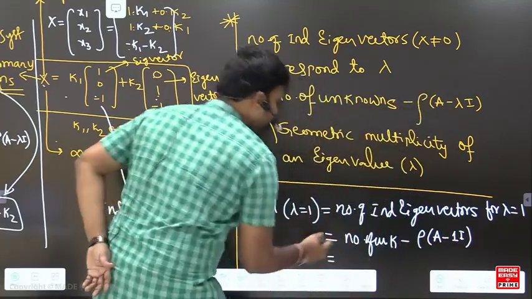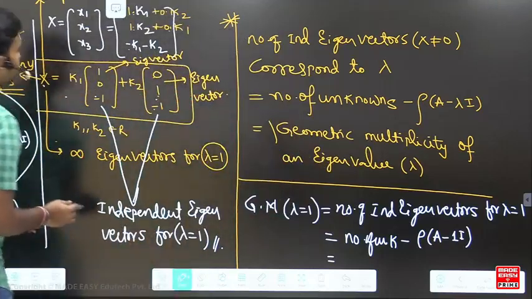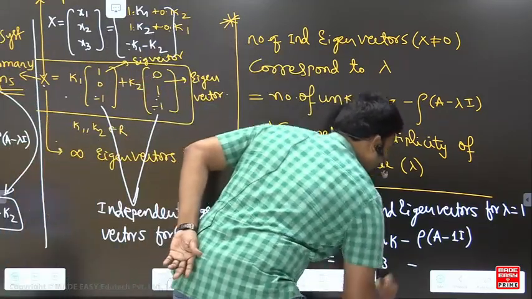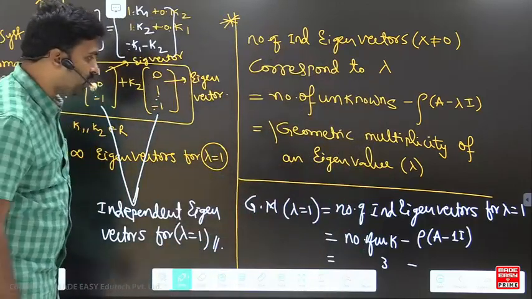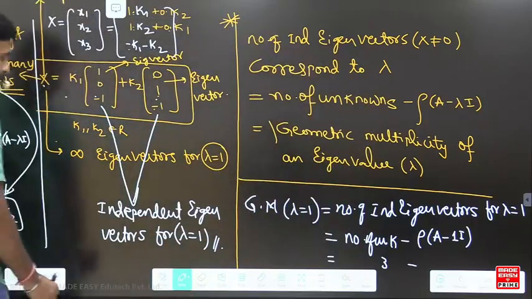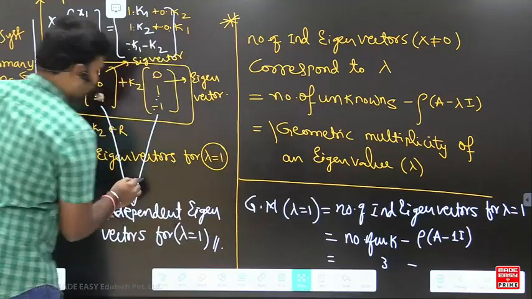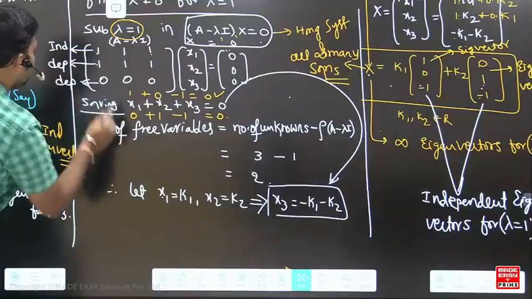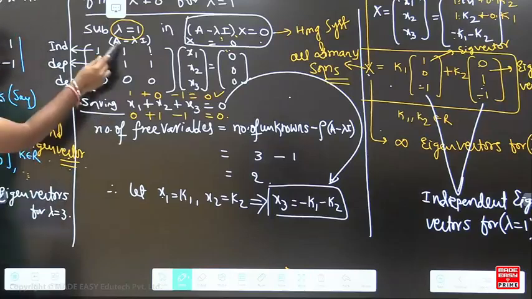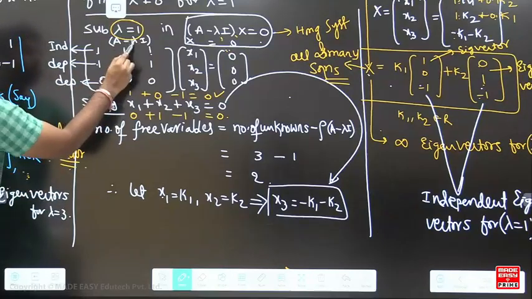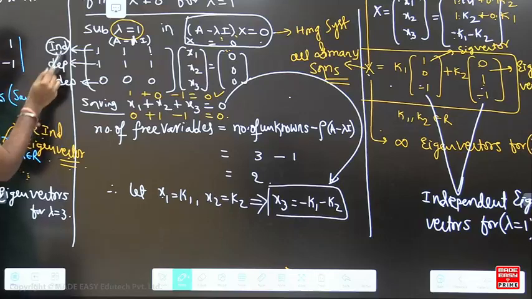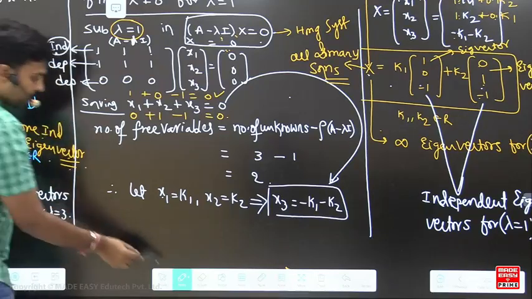Chalo beta, how many unknowns were there? x1, x2, x3, 3. So 3 minus rank of A minus 1I. What is rank of A minus 1I? See, this is A minus 1I, na? Yes. What is the rank? 1. Because out of these 3, only rank is 1.